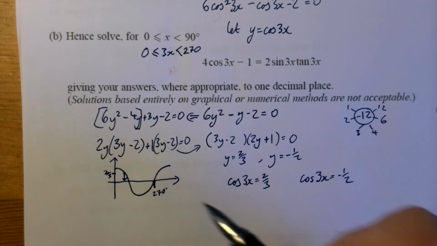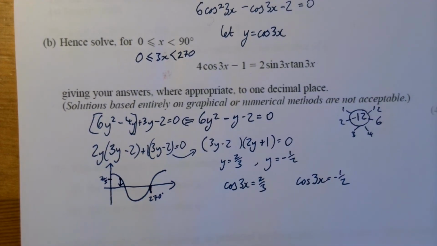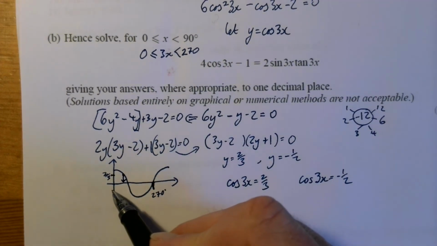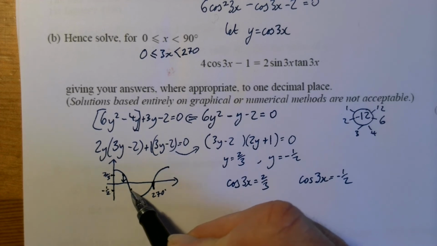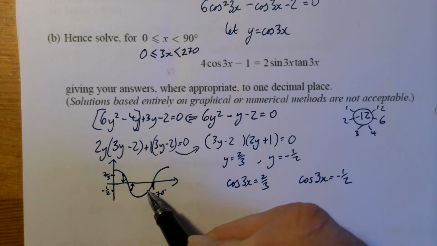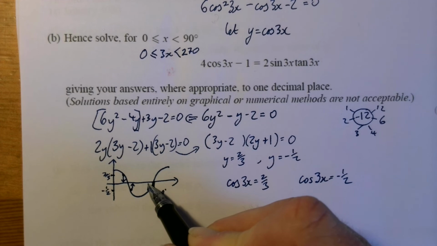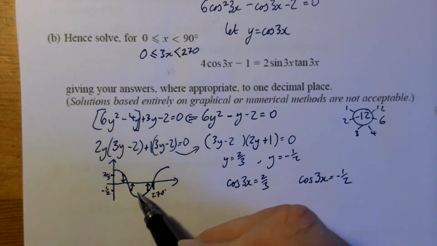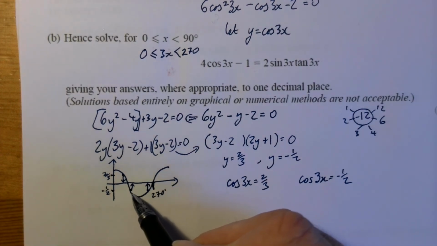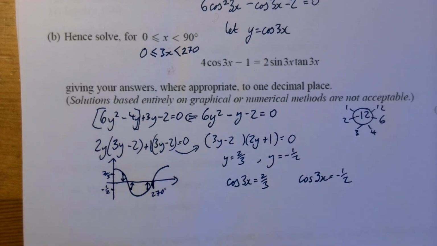So that's going to give me an angle there that I'm going to get out of the calculator in a moment. A negative 1/2, that's going to give me an angle there, and I'm also going to have to find the difference between that and 180 and add it on to get the other one just there.